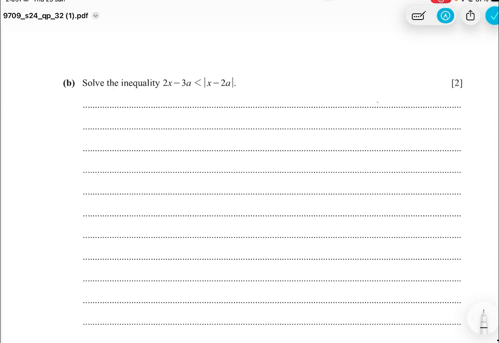Now let's try to solve this inequality. Mod 2x minus 3a is less than x minus 2a. Before thinking anything, let's follow the steps. So we will remove this modulus sign and write 2x minus 3a less than x minus 2a, and then 2x minus 3a is less than negative of x minus 2a.